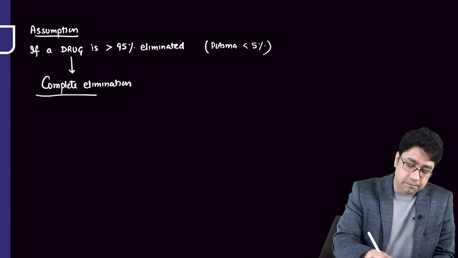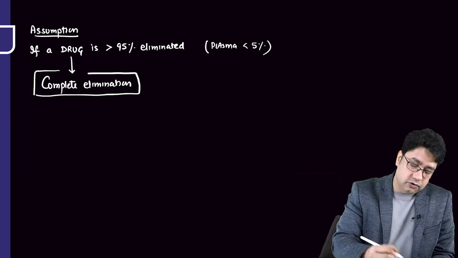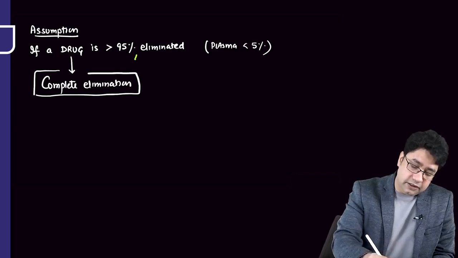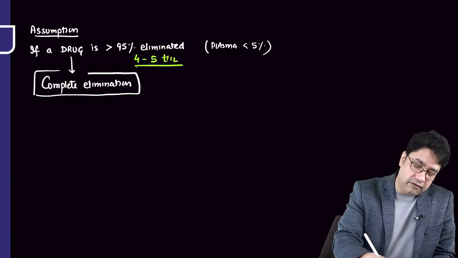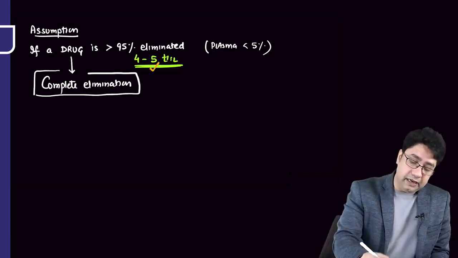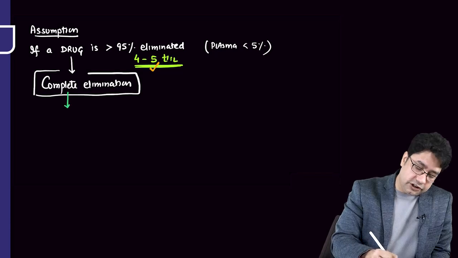So tell me, complete elimination of a drug occurs in how many half-lives? 4 to 5 half-lives, and 5 is a better answer. And in complete elimination, the action of a drug is over.